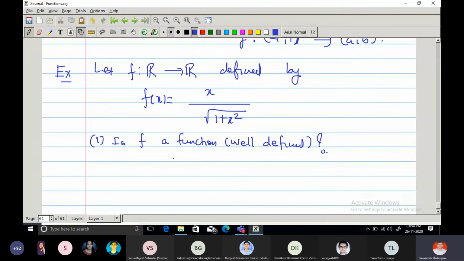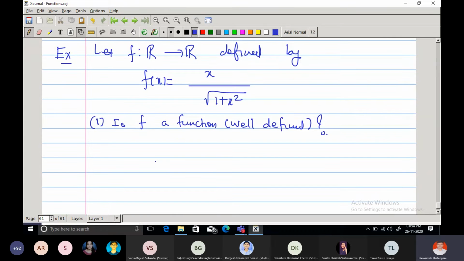Yes or no? Yes, right? Because whatever real number is given, you can find the value, because the denominator is a square root, but the denominator is not negative. So the denominator is also well defined and is never zero. Correct? So it is a function, it is well defined, no problem.